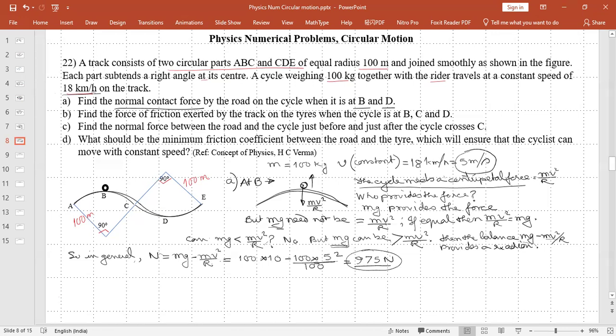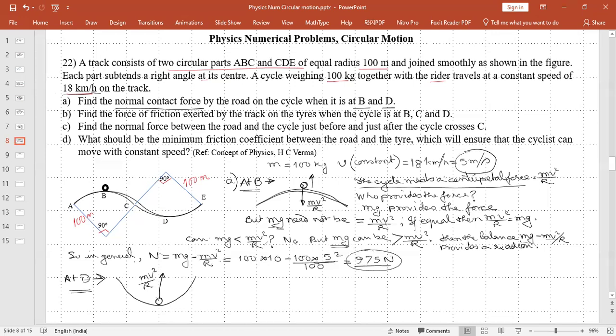Second part is what happens at D. The same question A, but this was at B, now at D. At D, the situation is opposite. This is the cycle, and the cycle needs a force mv square by r.